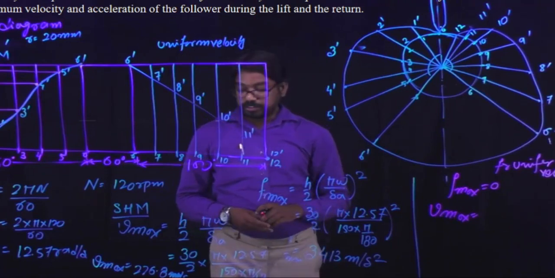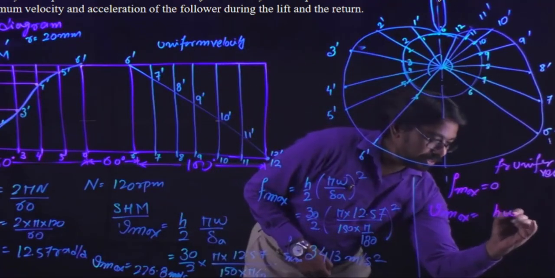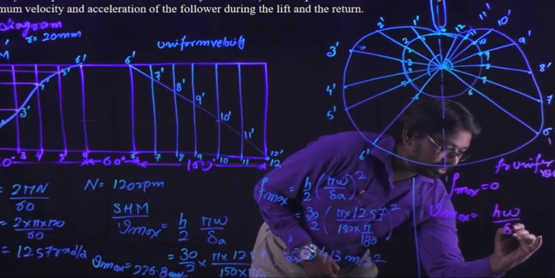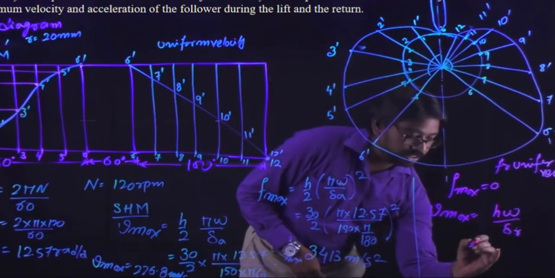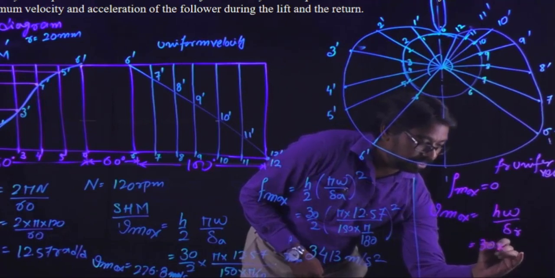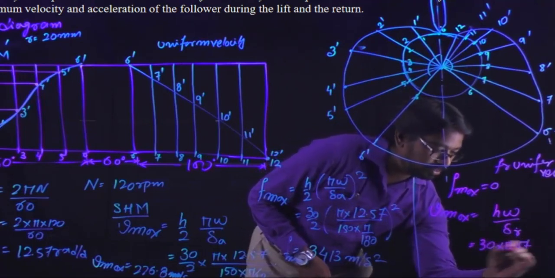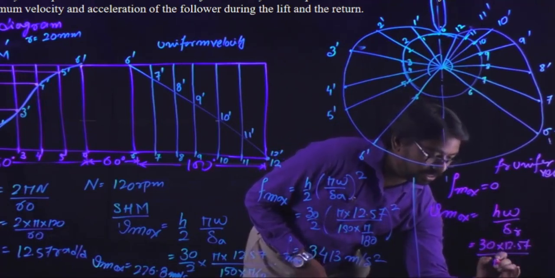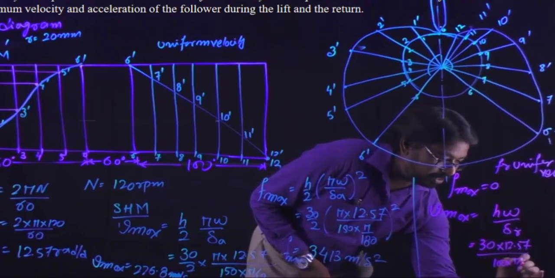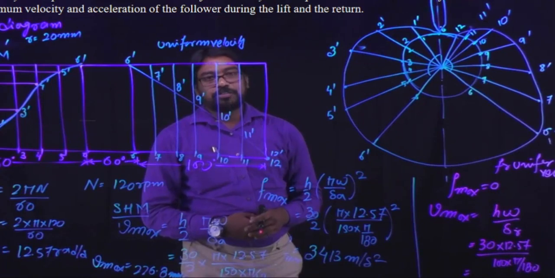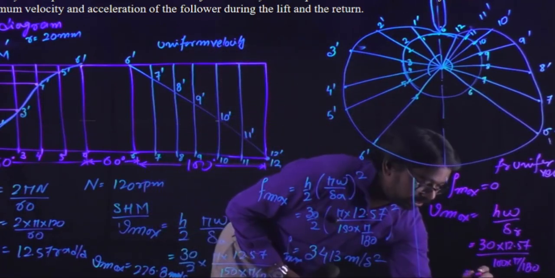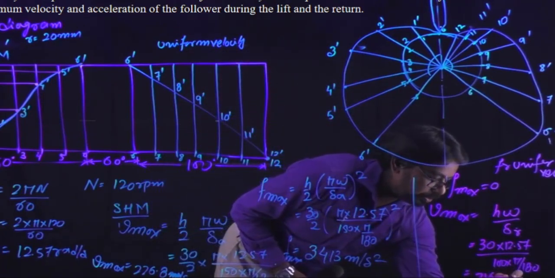It is given by h omega by delta R, because it is the return. So h is 30 multiplied by 12.57, by 100 multiplied by pi by 180. Once you substitute all the values and simplify, we get 216 mm per second.